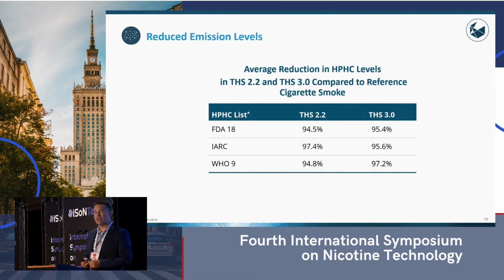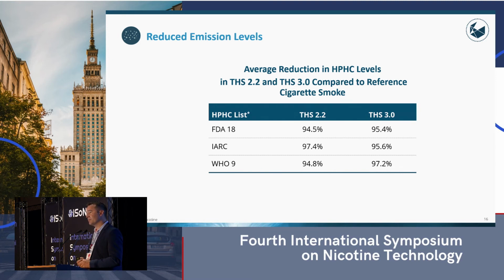And finally, if you look at the emission levels of harmful and potentially harmful constituents, if you look at the priority lists, for example from FDA, WHO, and IARC, and the average reductions when you do not have combustion, in the product that has been assessed here it's around 95% or so on average.